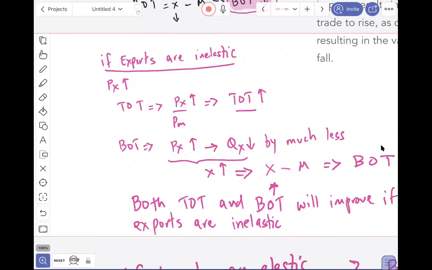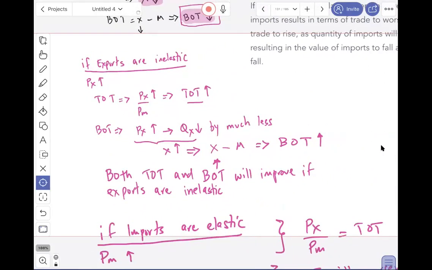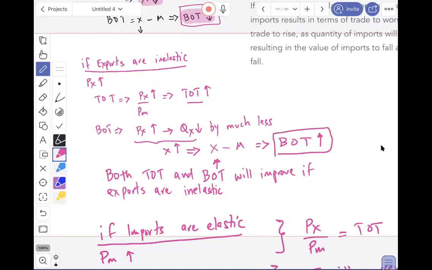So while exports are becoming expensive, your export revenue also goes up because goods are inelastic. It's like selling oil. If you're a seller of oil, the balance of trade will actually go up when the price of your exports is going up. So in other words, both the terms of trade and balance of trade improve when the exports are inelastic.